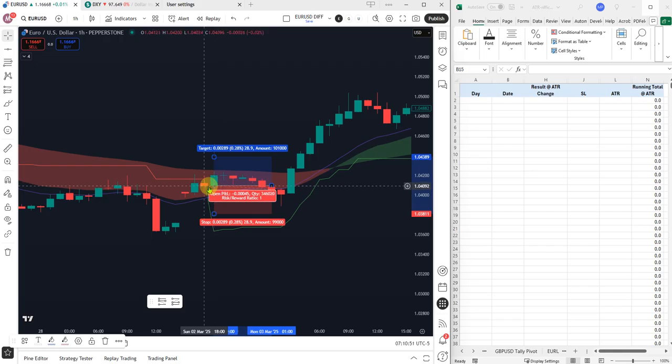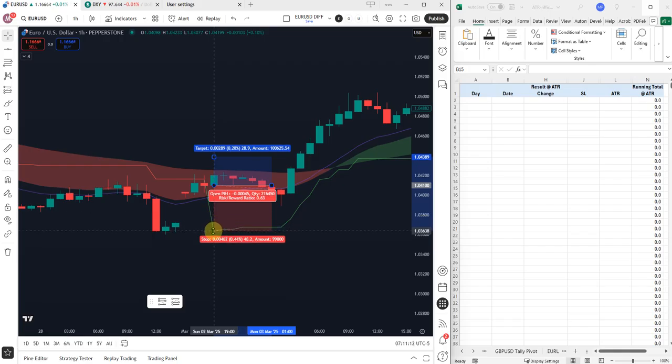Just click there. And then these little blue dots let you change the position of this tool. The red part is your stop loss. The blue part is your take profit. So we drag this with the little blue dot to the ATR line for our stop loss.